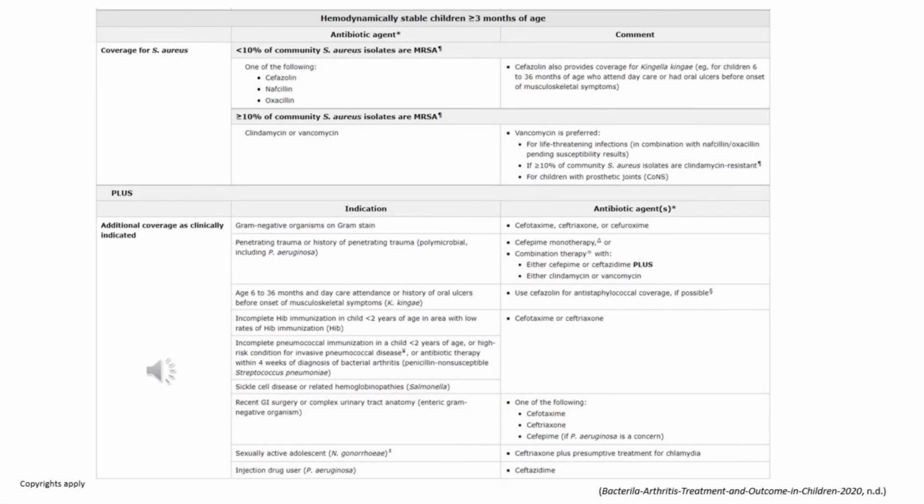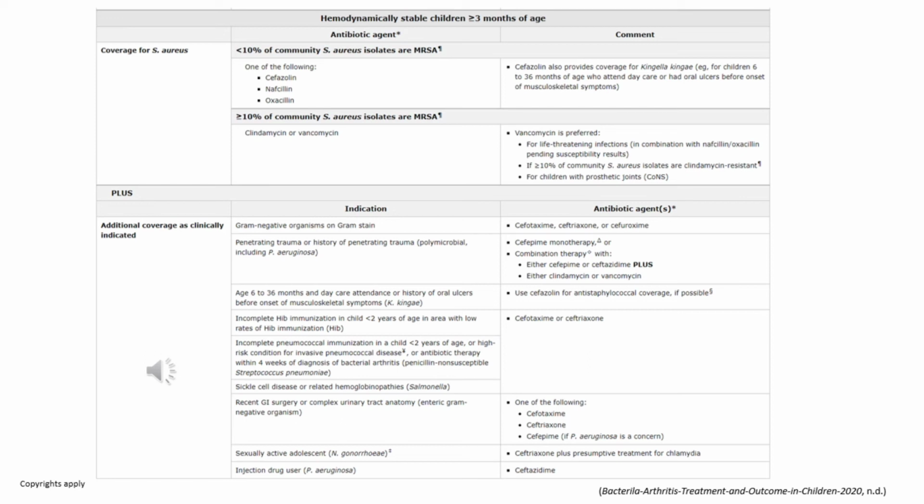For hemodynamically stable children more than 3 months of age, the antibiotic of choice if less than 10% of community S. aureus isolates are MRSA is either of the following: cefazolin, nafcillin, or oxacillin. Cefazolin provides coverage for Kingella kingae, for example for children of 6 to 36 months of age who attend daycare or had oral ulcers before onset of musculoskeletal symptoms.